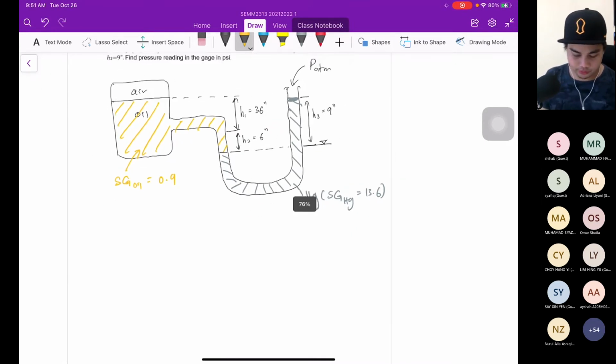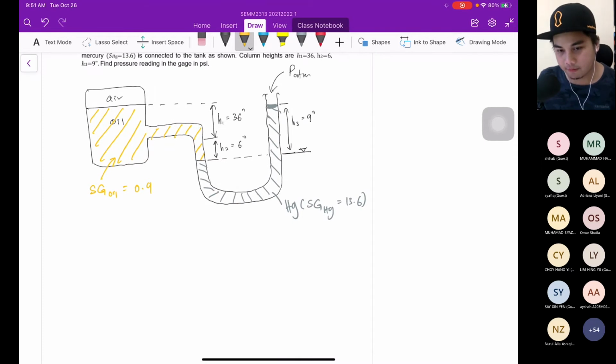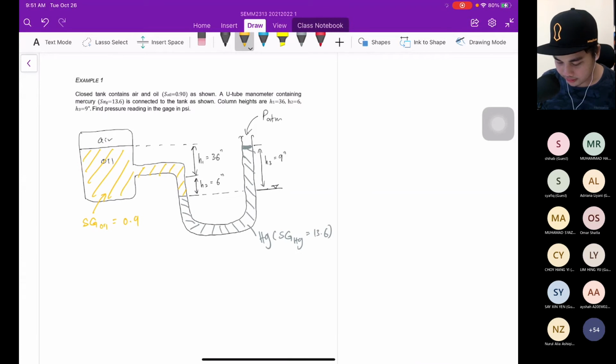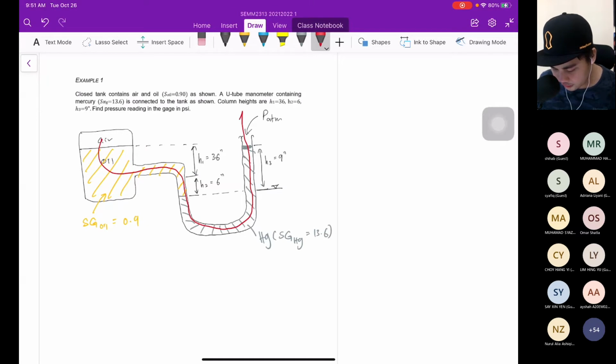So after we set the reference line, we need to have the direction of our calculation. Let's say we start from here and finish here.